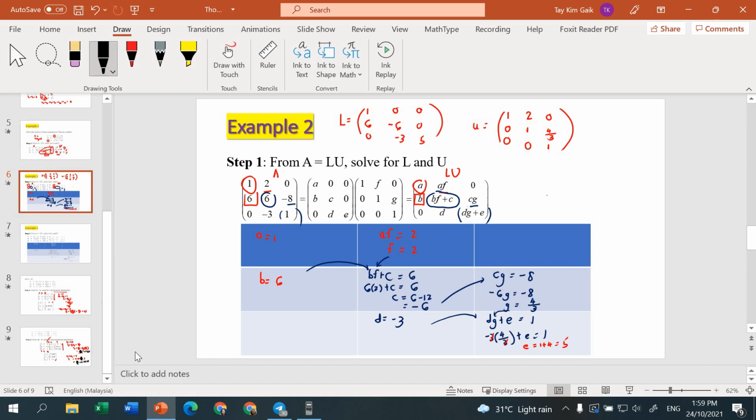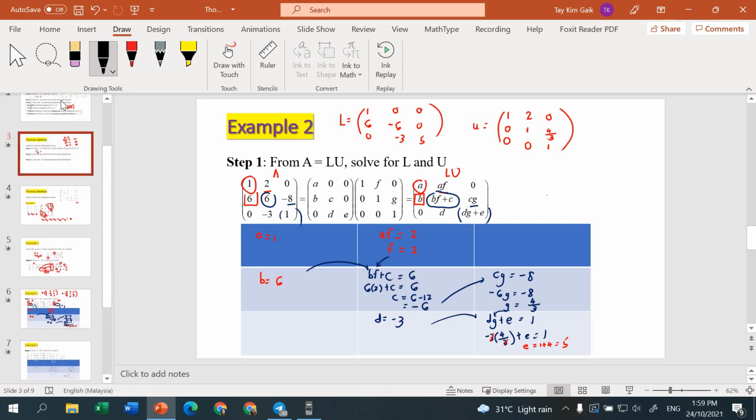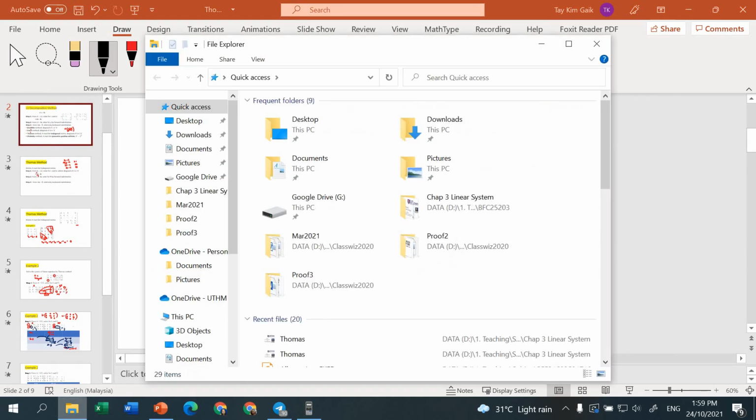Before you use the Thomas method, make sure the system is actually tridiagonal. Sometimes if it is not tridiagonal, you can swap it to become tridiagonal.